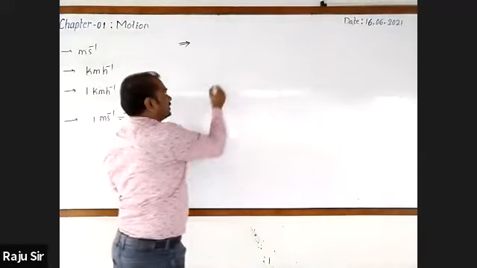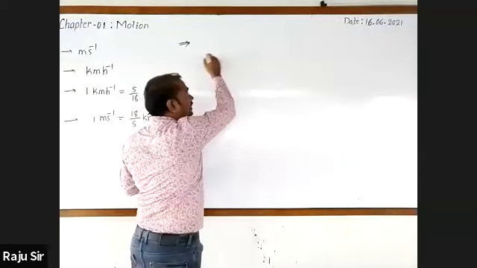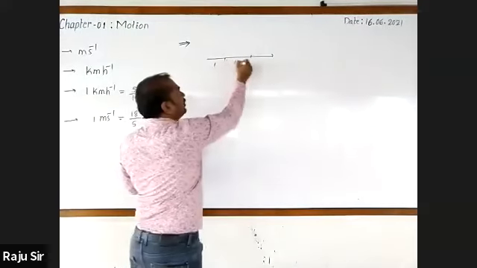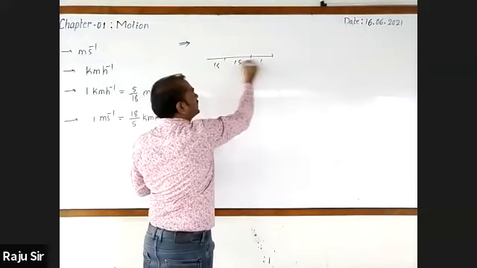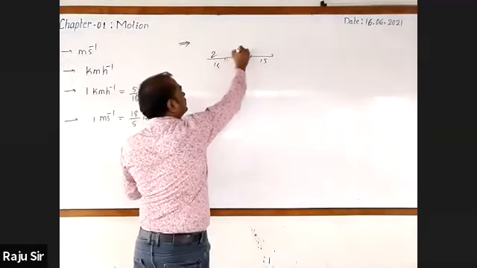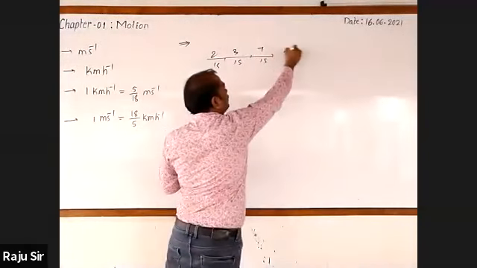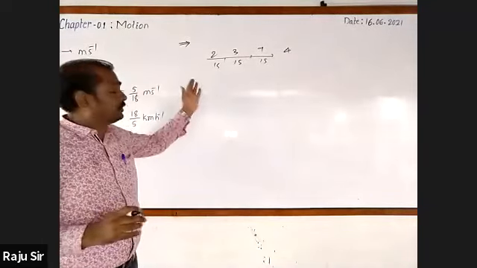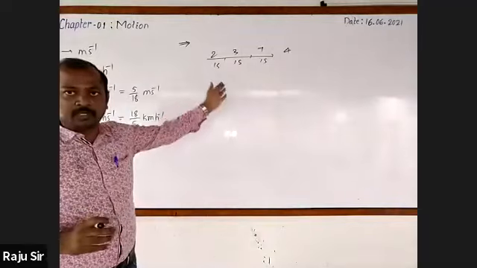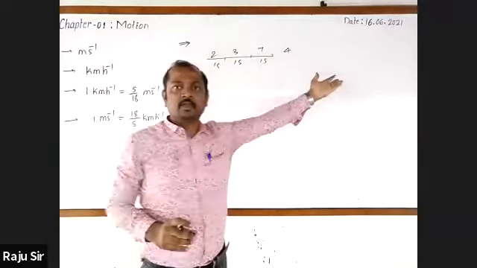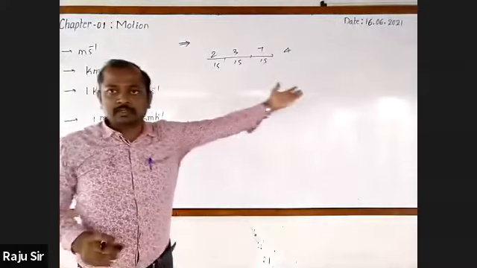Under such a condition, as the body covers unequal distances in equal intervals of time, think that every 1 second it covers different distances like 2 meter, 3 meter, 7 meter, 4 meter, like this. Then to find the speed of that body, we consider the total distance and also the total time taken.